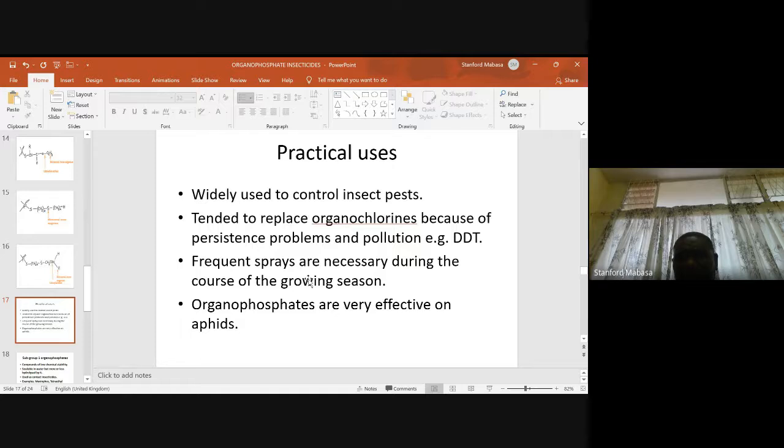Although organochlorines were widely used, because of their persistence in the environment, they are now replaced by organophosphates. But organophosphates require frequent sprays during the course of the growing season. These organophosphates are very effective on aphids.